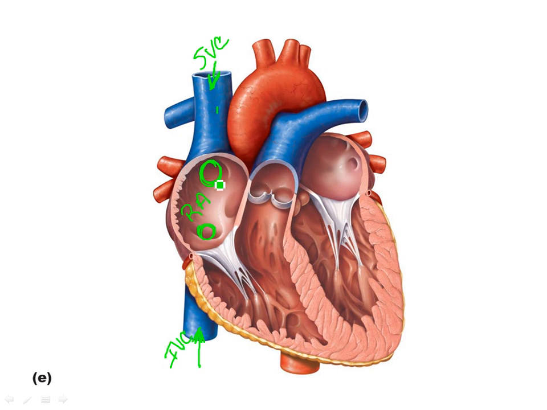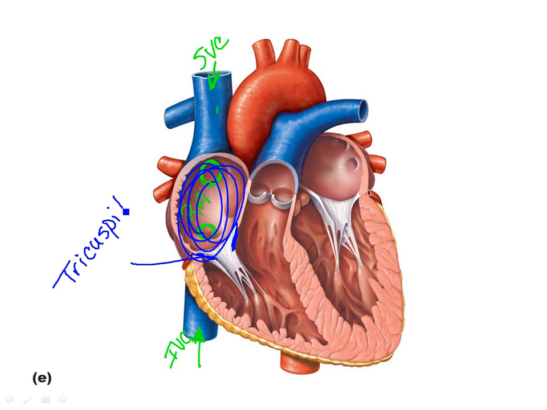All right, so as this chamber fills with that deoxygenated blood, it's going to push on this valve. Do you remember the name of the valve? Tricuspid. Okay, so your tricuspid valve is going to push open, allow that deoxygenated blood to fill your right ventricle.